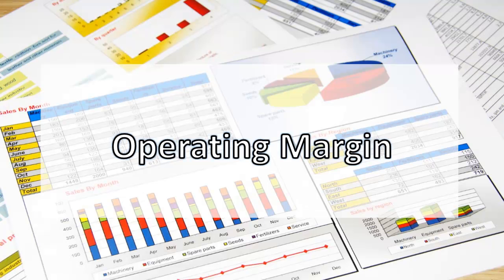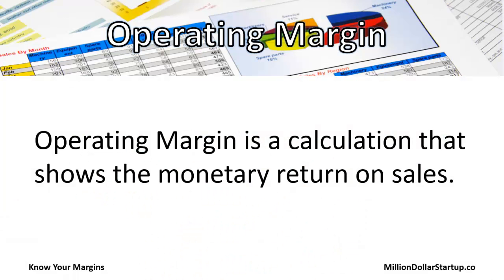The next thing that we're going to talk about is operating margin, and this tells you how your profits increase or decrease compared to other time periods for your business operations. And that operation is a calculation that shows your financial return on your sales.